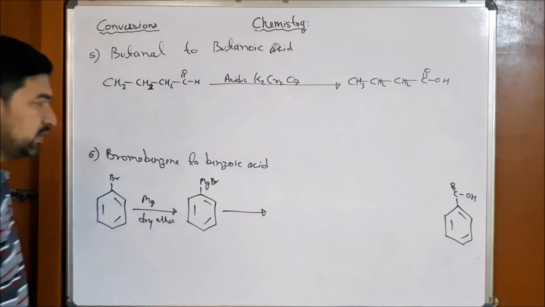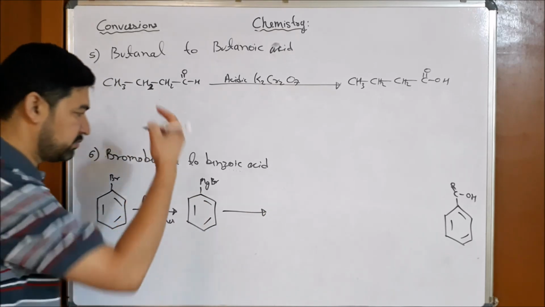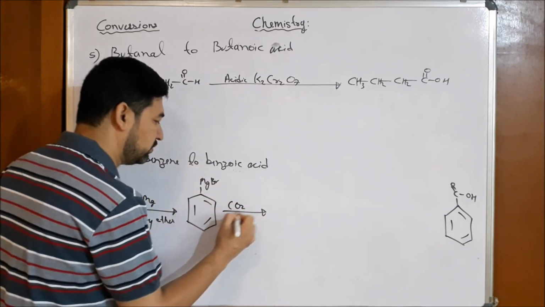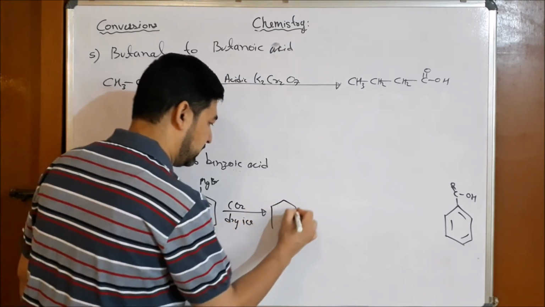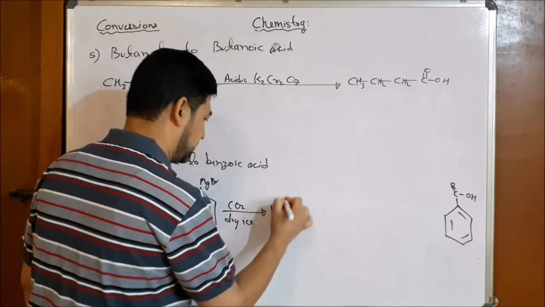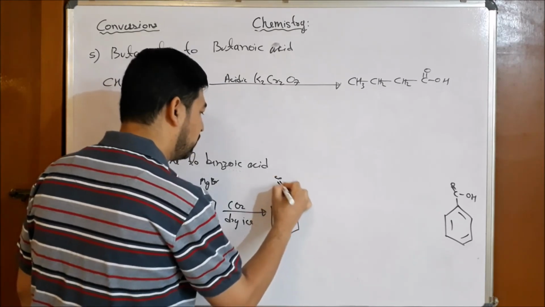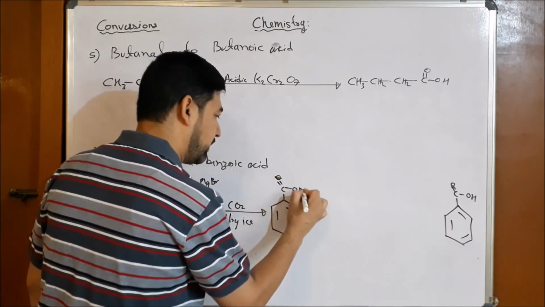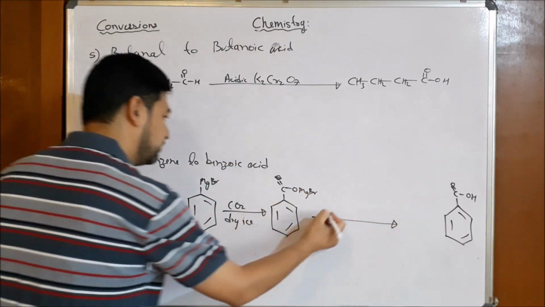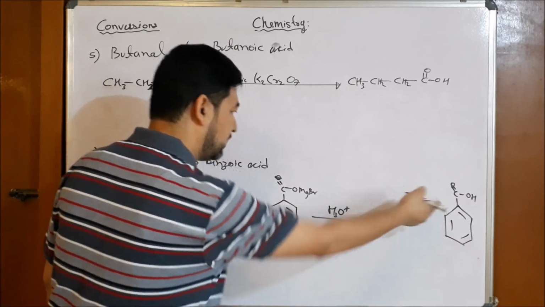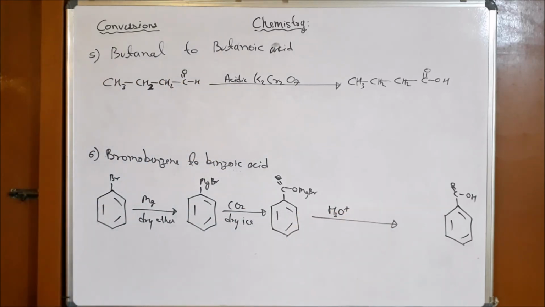Now we need the carbon here. As in the previous case, we use CO2, that is dry ice. Then it will be C double bond O, OMgBr, the same as the previous case. When you do acid catalyzed hydration, it will result in the formation of carboxylic acid.